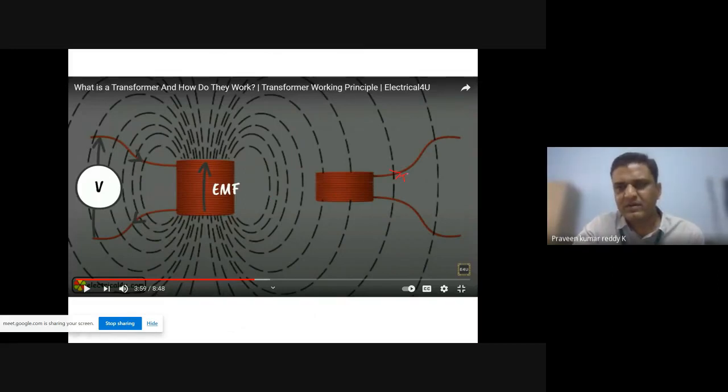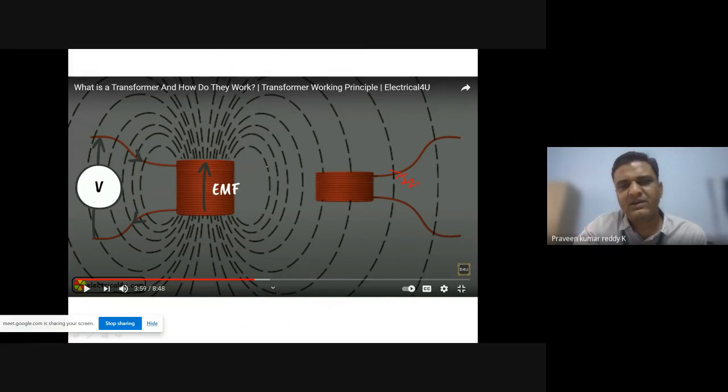Okay, but to make sure that this flux is not variable with time, I want this flux to flow smoothly and with a fixed value with respect to time. So for that, I want to make this flux pass to the secondary in a structured manner.